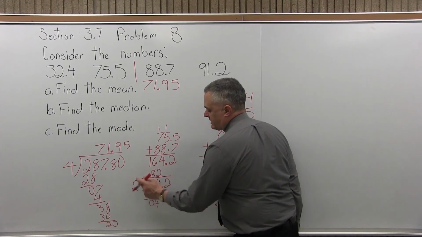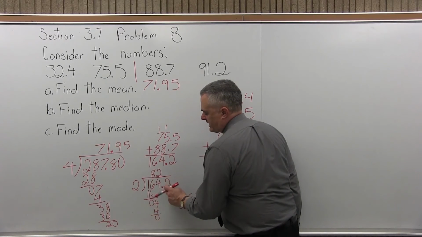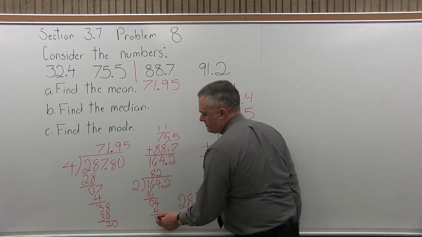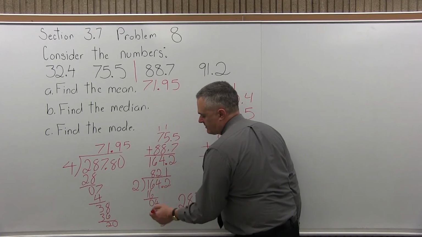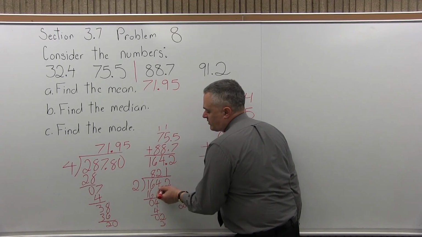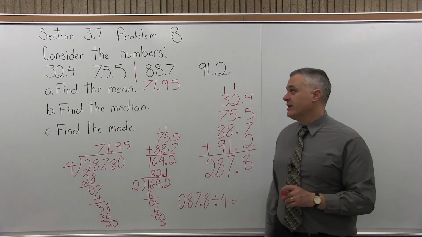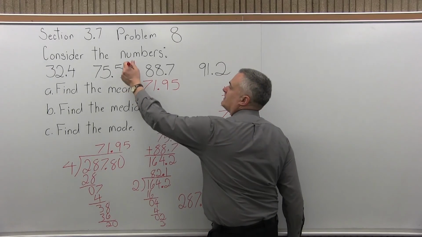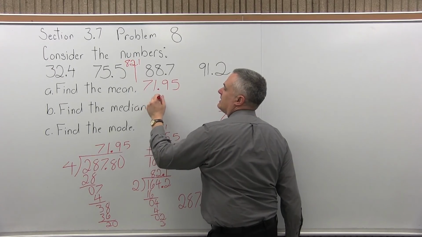It goes in twice. 2 times 2 is 4. 4 minus 4 is 0. Bring down the next digit, which is a 2. 2 divides into 2 once, and it goes in perfectly. So now I do have a decimal point. I have to bring it straight up. So I have 82.1. That's the middle point of this list, 82.1. So that's the median.